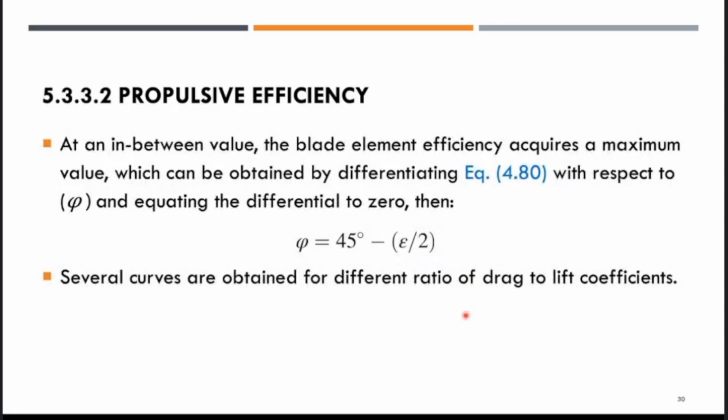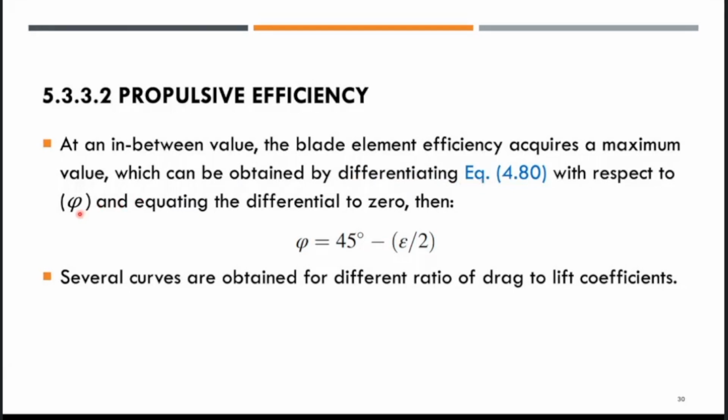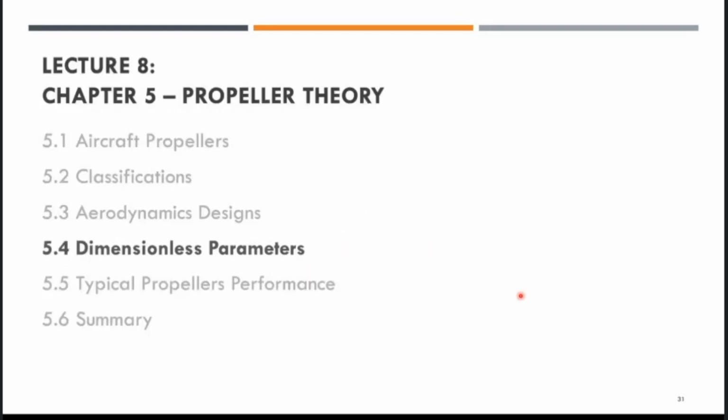Okay. At an in-between value, the blade element efficiency acquires a maximum value, which can be obtained in between 0 and the maximum, right? We can obtain it by differentiating equation 480 with respect to phi and equating the differential to 0. And then we can have this expression, and several curves are obtained for different drag to lift coefficients.